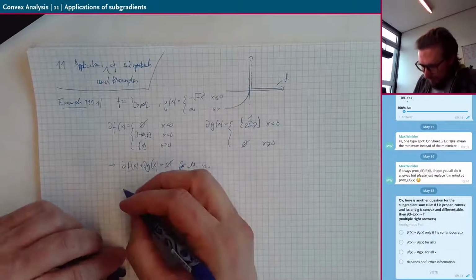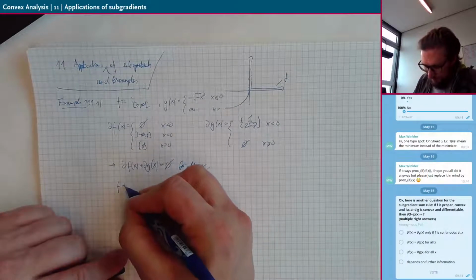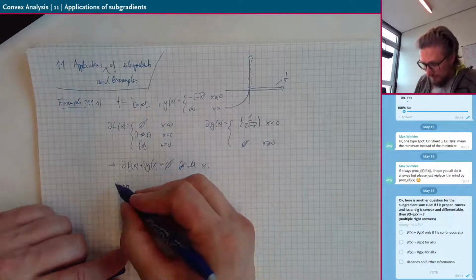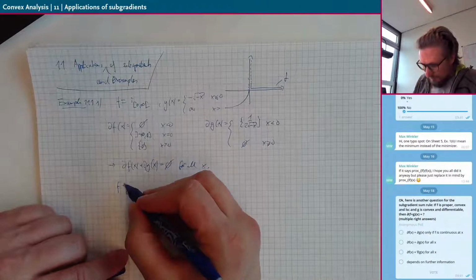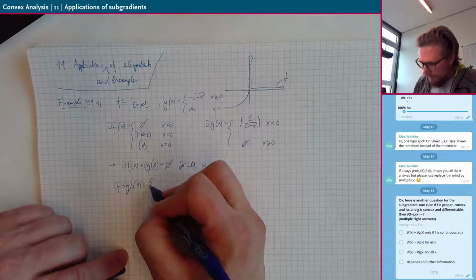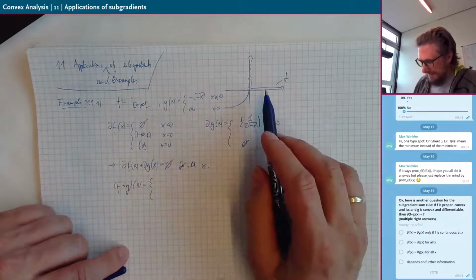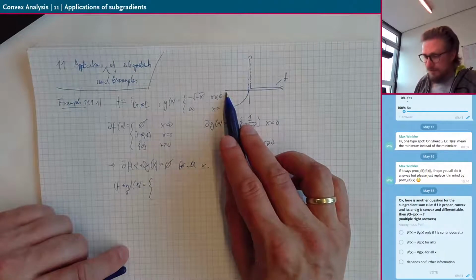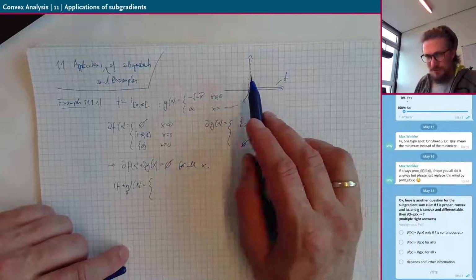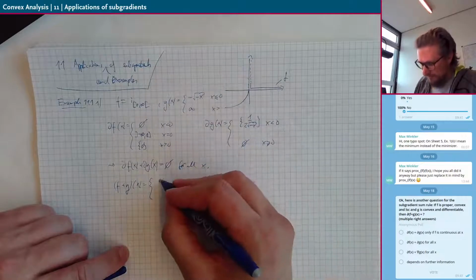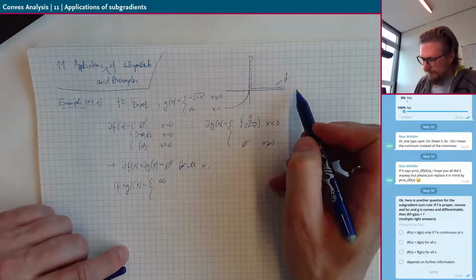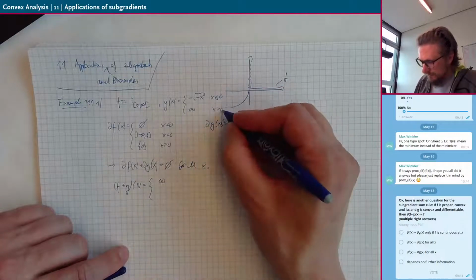So what about the subgradient of the sum? What is that sum actually? Of course, for negative x, it's plus infinity, because f is plus infinity. Plus infinity minus something finite is still infinity. For positive x, it's the same thing, because this function is already infinite.